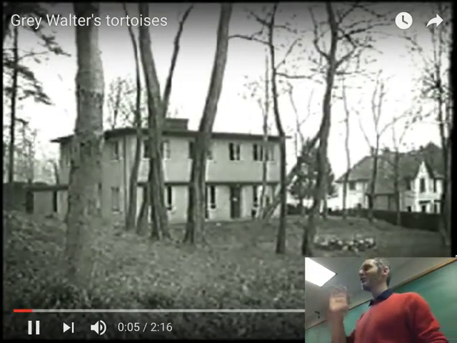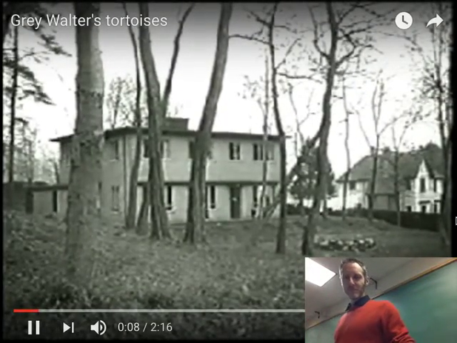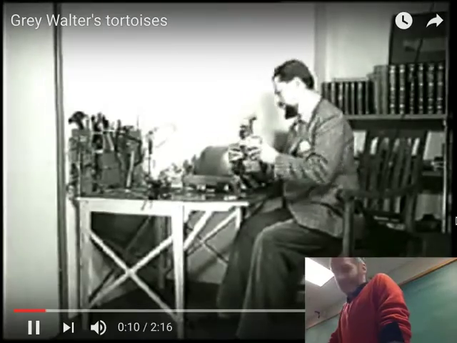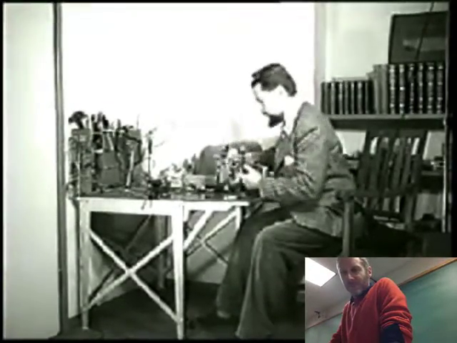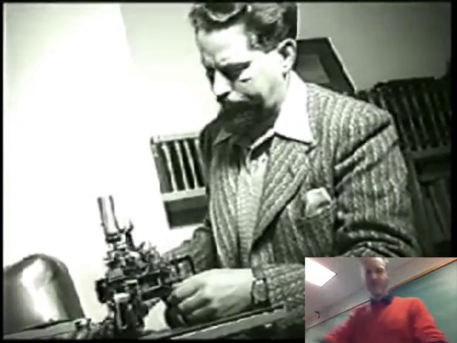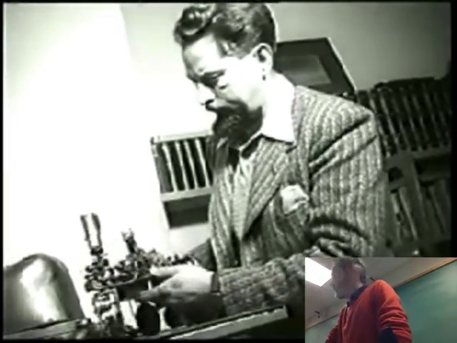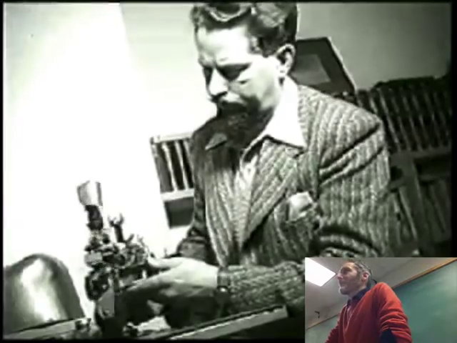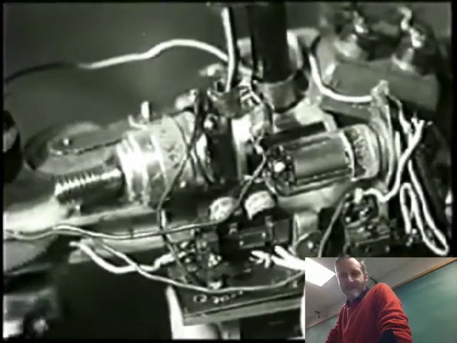No, this is not a spoof. In a simple villa on the outskirts of Bristol lives Dr. Grey Walter, a neurologist, who makes robots as a hobby. They are small, and he doesn't dress them up to look like men. He calls them tortoises, and so cunningly have their insides been designed that they respond to the stimuli of light and touch in a completely lifelike manner.